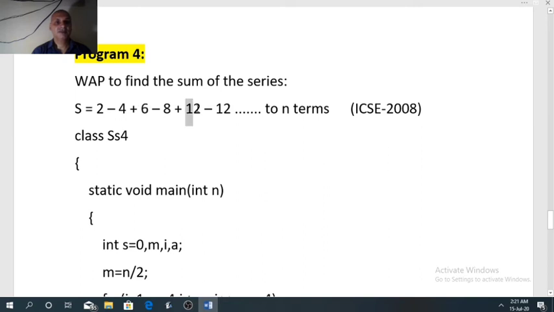When I is 3, 3 square plus 3 we will get 9 plus 3, that is 12. So first series we can control with the logic I square plus I, and for second series we can consider another variable. Start the variable with minus 4 and subtract 4 to get the next term of the second series.